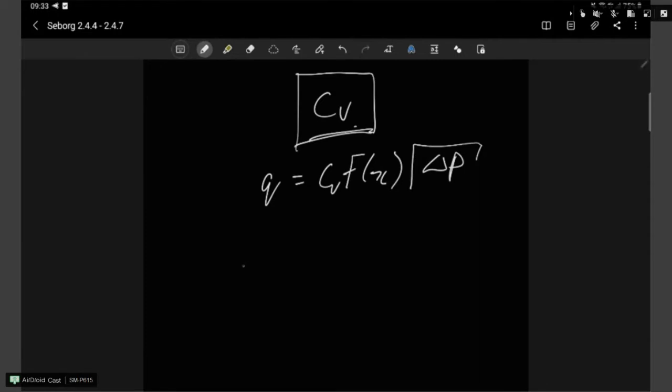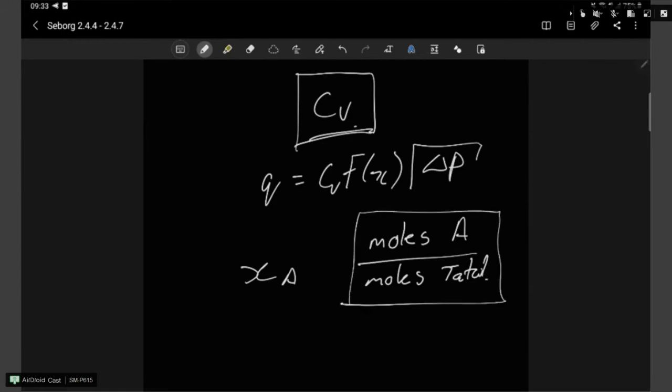Even X of A has units, for the simple reason that it's got mass or moles, doesn't matter, of that over moles of everything, total. For that reason, that is not a dimensionless value.